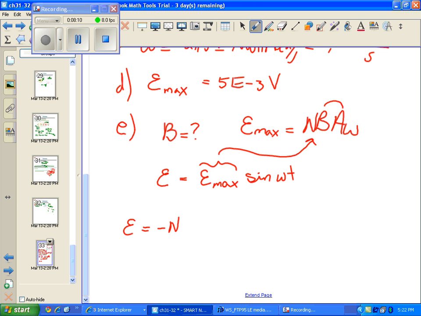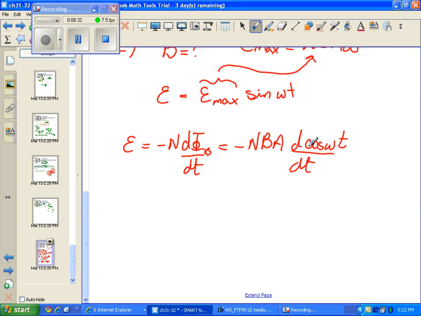The N comes from Faraday's law, so let's just write this down here as a reminder. So minus N times the change in the magnetic flux with respect to time. And the magnetic flux, the B and the A, does not change, but the change is coming from the derivative of cosine of omega t with respect to t. And of course, the derivative of the cosine of omega t is minus omega sine of omega t.